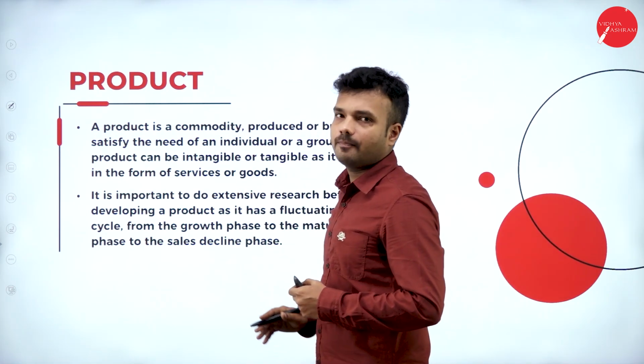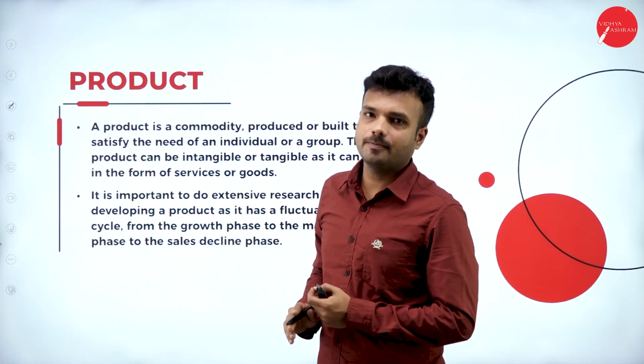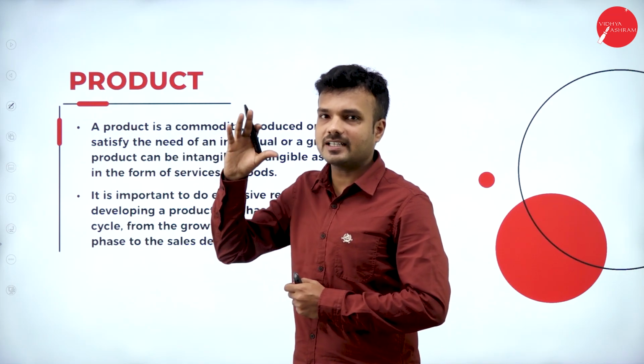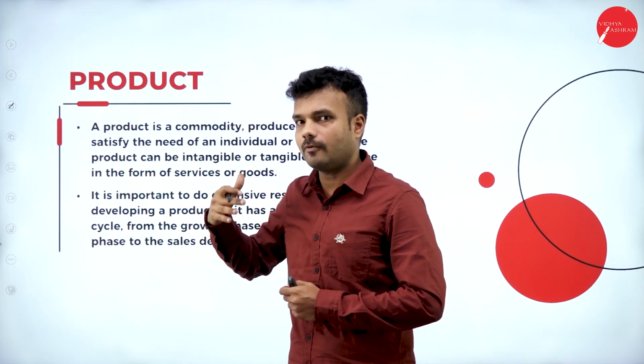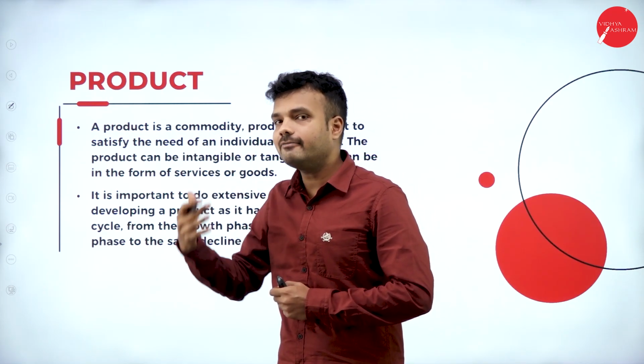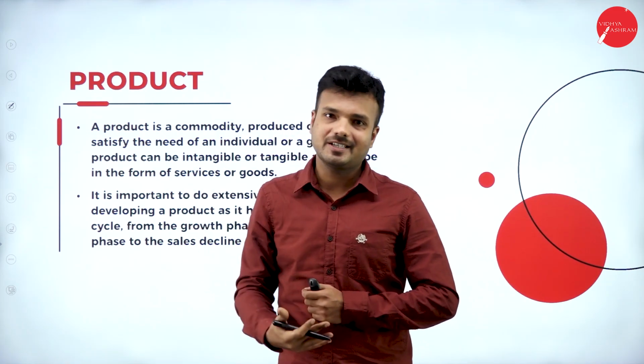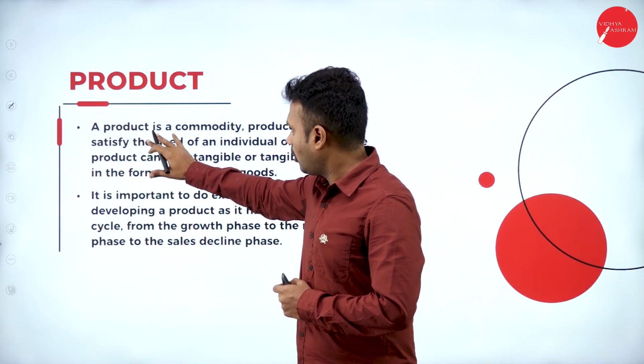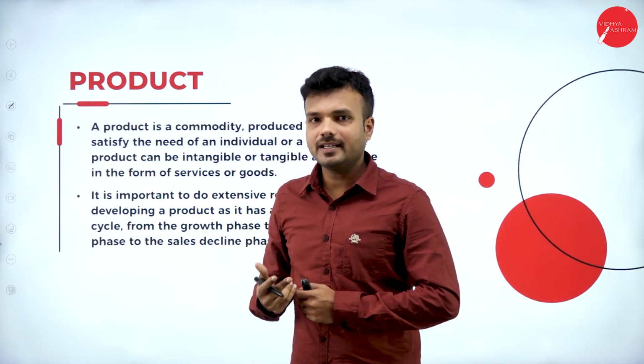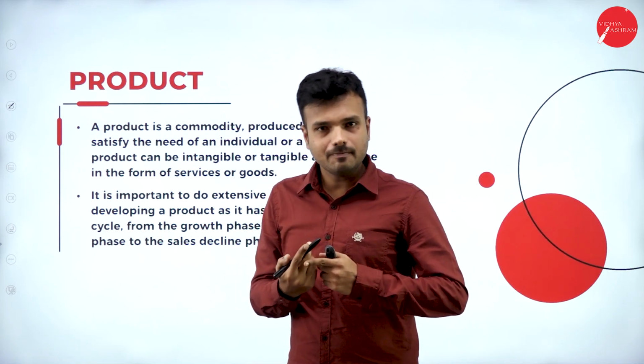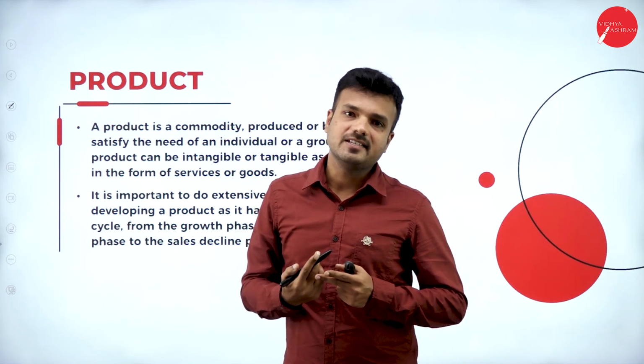So what is this product? As we know, a product is something which is expected by the customer, that must be provided by the manufacturer by converting the raw materials into finished goods. The product is divided into 2 categories. One is a tangible good and another one is an intangible good.